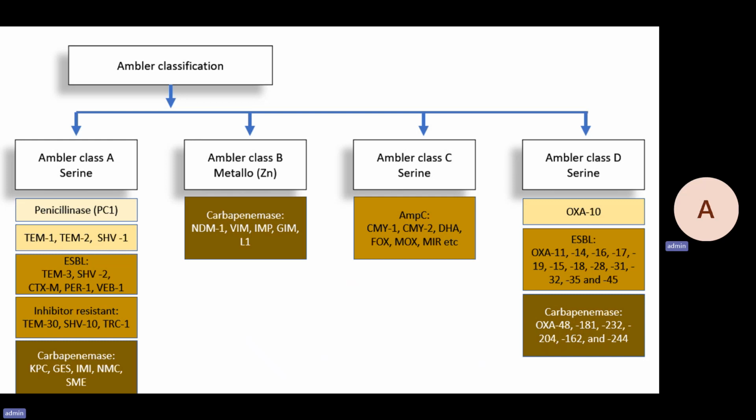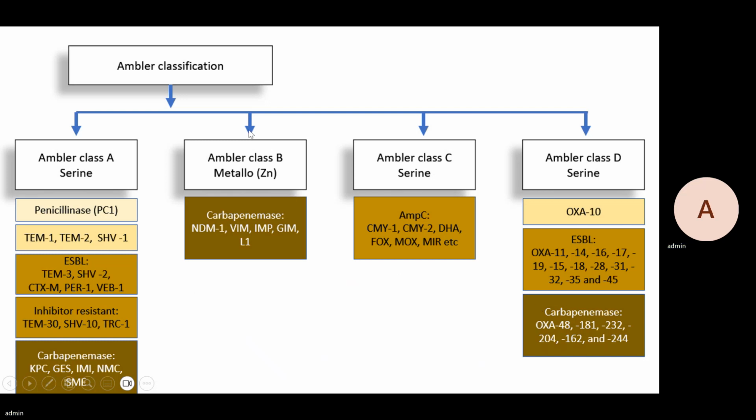Some of these ESBLs, like TEM-3 and SHV-2, evolved from the previous TEMs which existed before, but there were some which were new, like CTX-M, which is absolutely new. Similarly, OXA-10 was a narrow spectrum, or you can say broad, beta-lactamase, and from then on came ESBLs of the OXA group in Ambler class D, like OXA-11, OXA-14, OXA-16, OXA-17, etc.